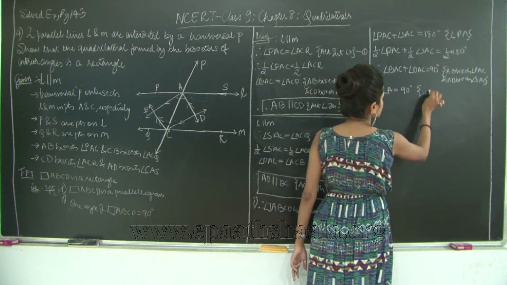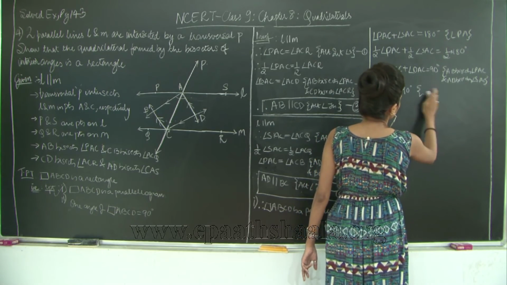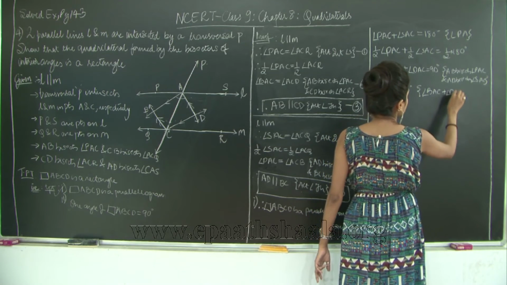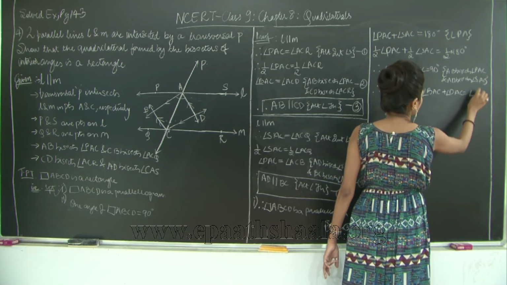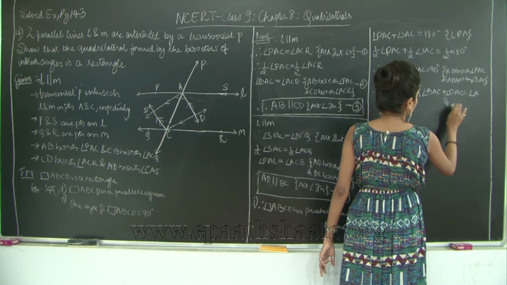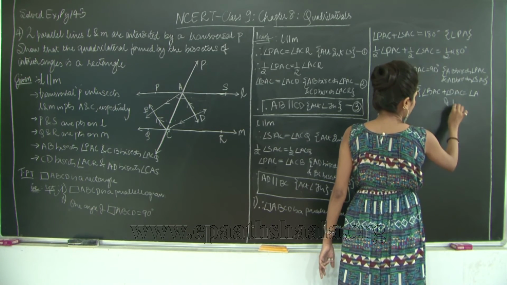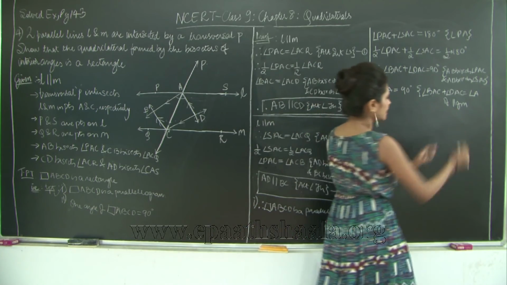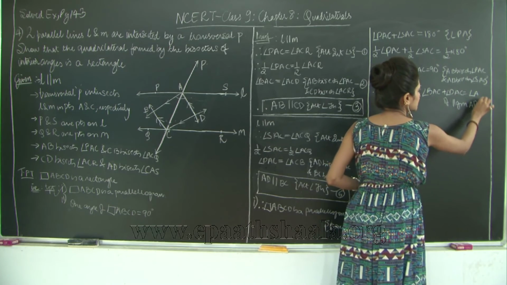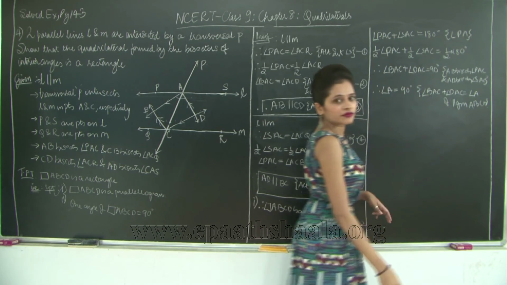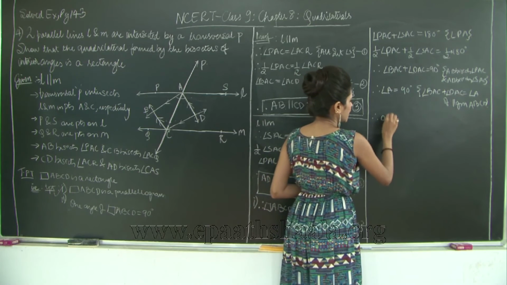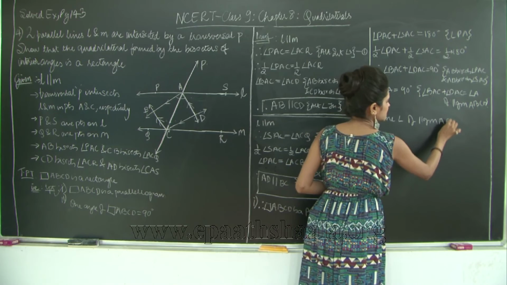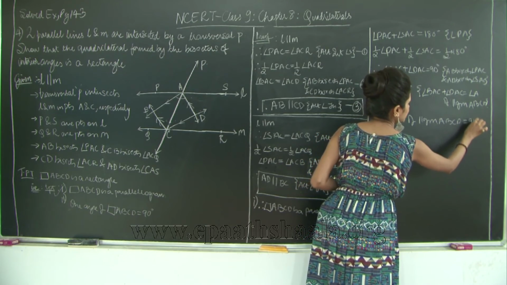Why? Angle BAC plus angle DAC is equal to angle A of the parallelogram, because we just proved that ABCD is a parallelogram. So I am writing angle A of parallelogram ABCD. Therefore, one angle of parallelogram ABCD is equal to 90 degrees.